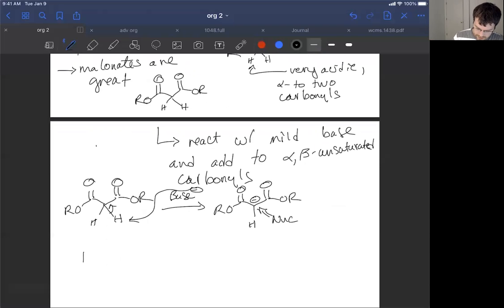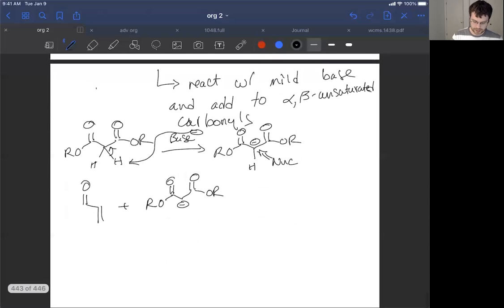So what I'm going to do is consider the simplest alpha beta unsaturated carbonyl. I'm going to mix that with the RO carbonyl, C negative, carbonyl OR, and this is going to add to that positive character at the beta position.